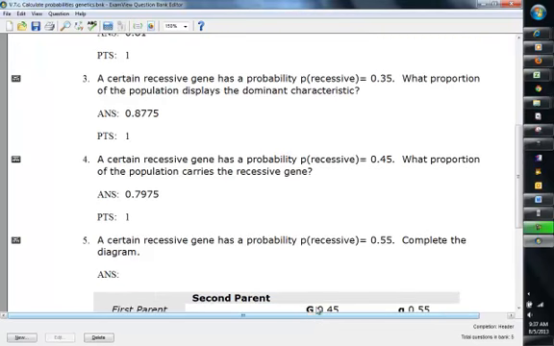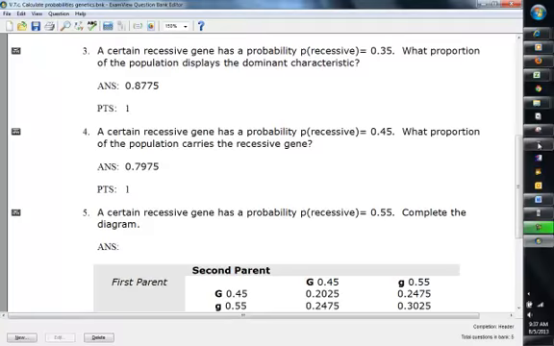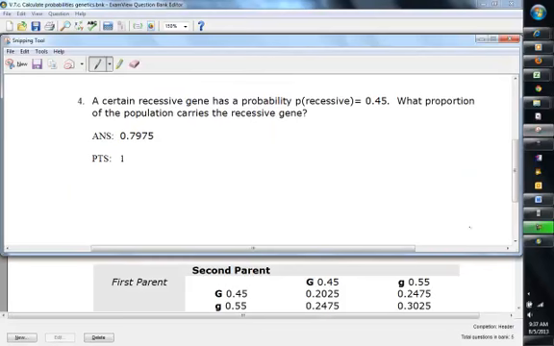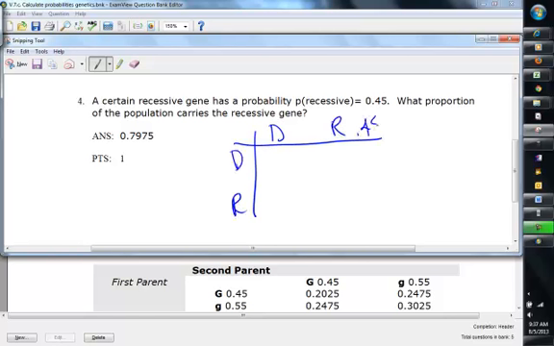What proportion carries the recessive gene? Okay, so let's look at this one. So we've got dominant, recessive, dominant, recessive. This is 0.45. This is 0.55. Okay, these are the only ones that don't carry the recessive gene.